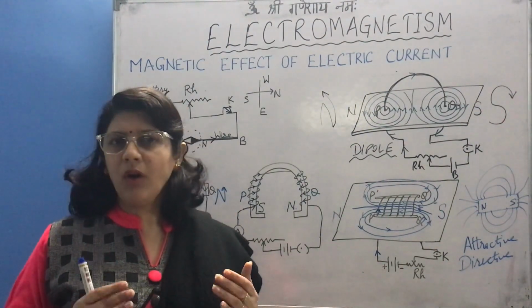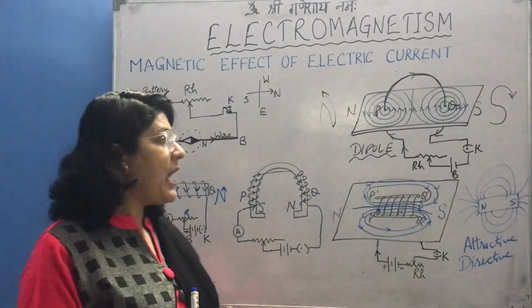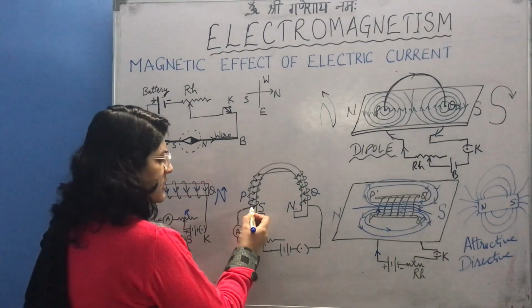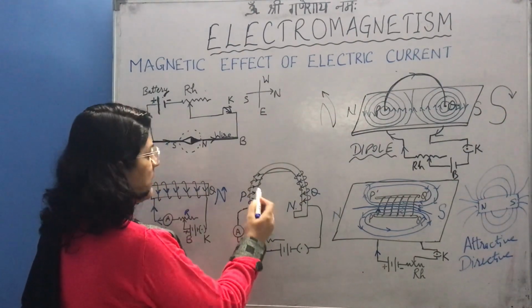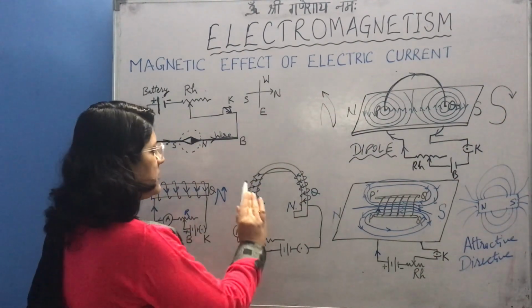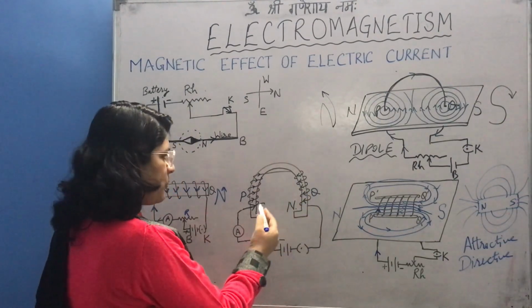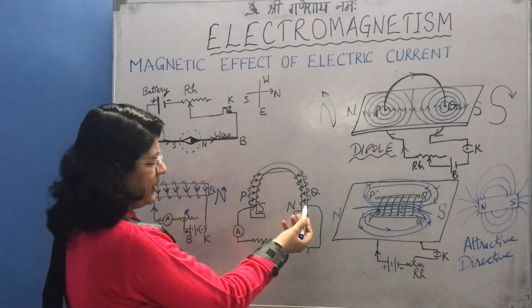To construct a horseshoe electromagnet, we take a U-shaped soft iron piece and wind a wire. Start from this end, it is the front of the magnet. Starting from this end, we make spirals on this side. But keep in mind, on the opposite arm, it should be in the opposite direction. Suppose it is clockwise here, then in this arm it should be anti-clockwise.